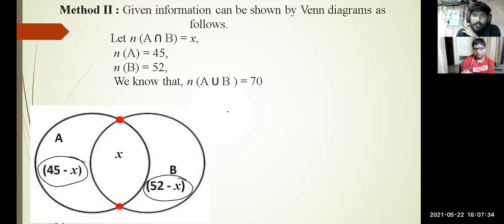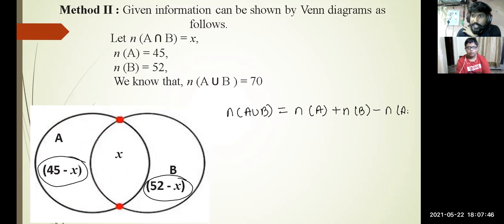Now we'll use the formula: n of A union B is equal to n of A plus n of B minus n of A intersection B. Now, A union B is 70. We know that.